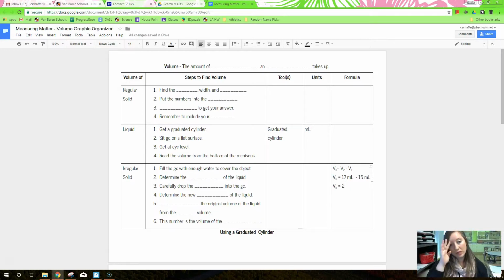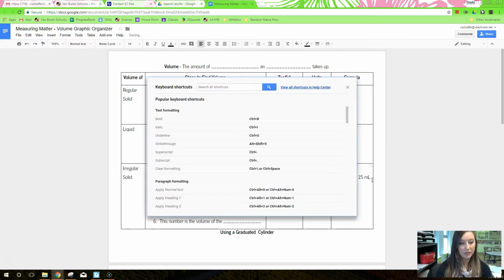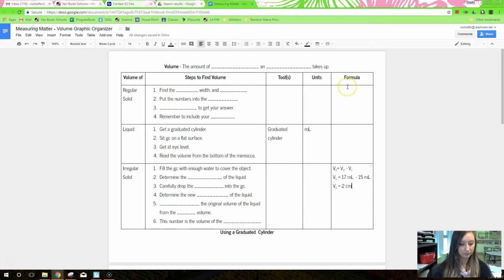Now, we know that we use units milliliters for liquid, but we're not actually finding the volume of the liquid now. Once we've subtracted, we found out how much space that marble was actually taking up. So we're talking about a solid, and the units that we use for volume of a solid would be centimeters cubed.